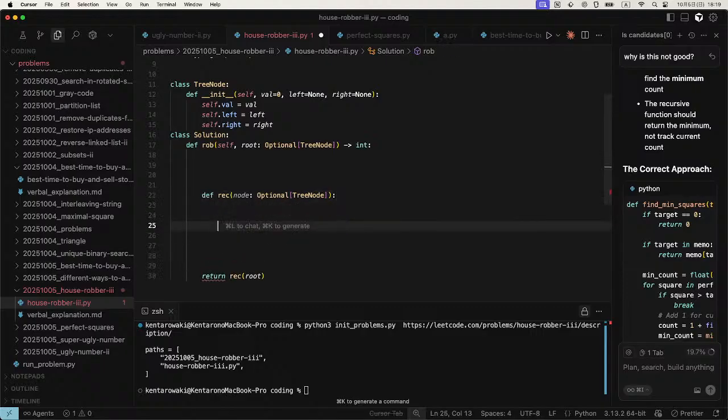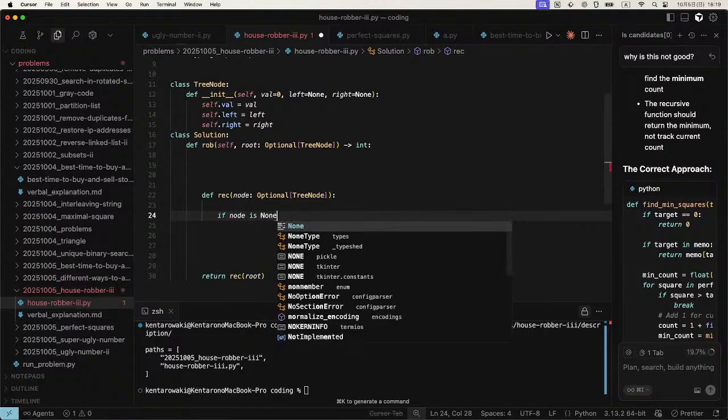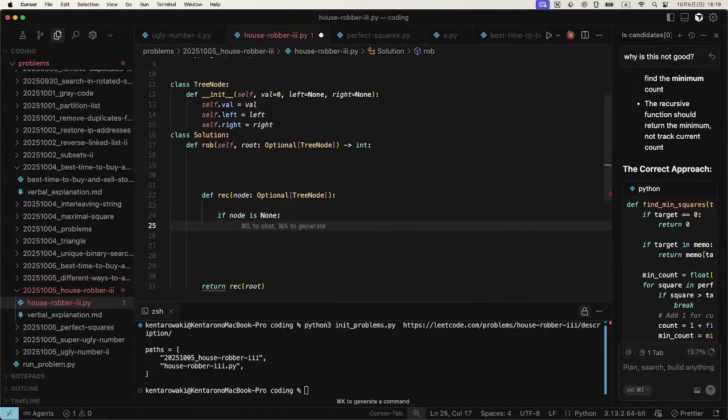And if the node is None, we cannot rob money at all. It returns 0.